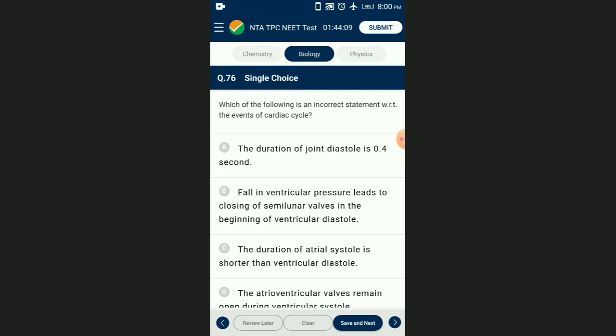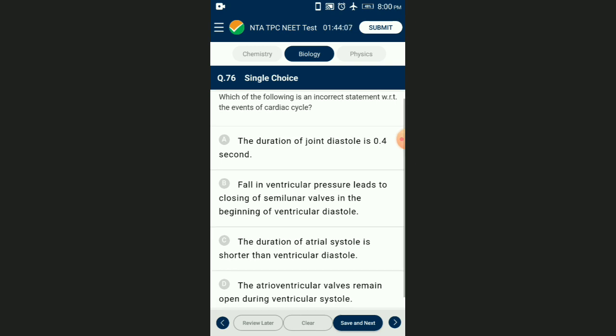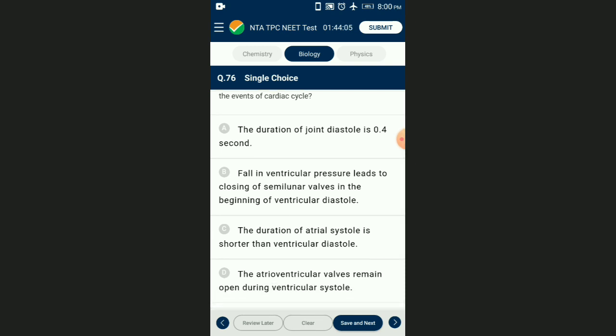That is also correctly given. C, the duration of atrial systole is shorter than ventricular diastole. That is also correct. D, the atrioventricular valves remain open during ventricular systole. That is incorrect. So option D is the incorrect statement regarding the events of the cardiac cycle.